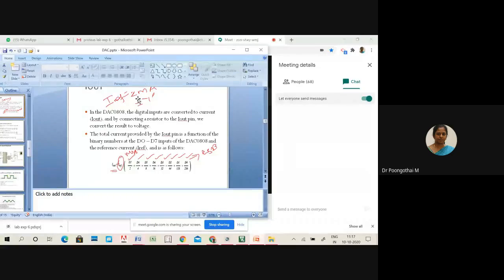Based on the data sheet, your I reference is set to 2 milliamps, and all your digital inputs are 1. What is I out?